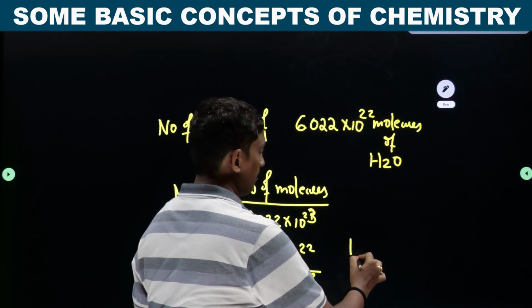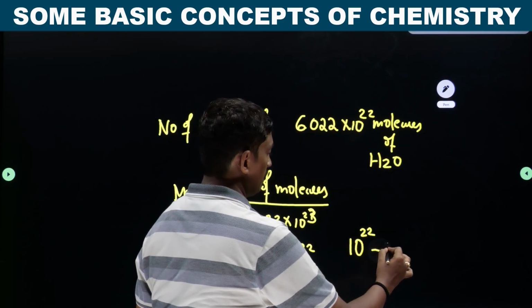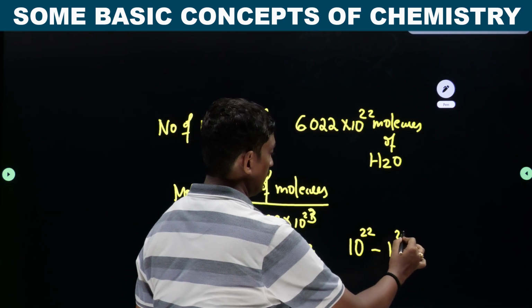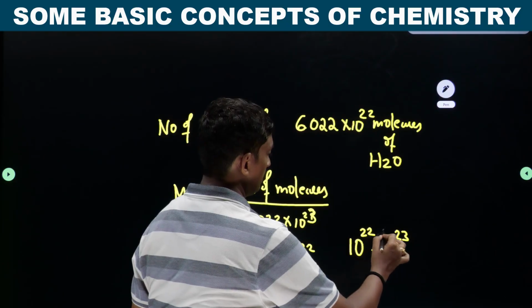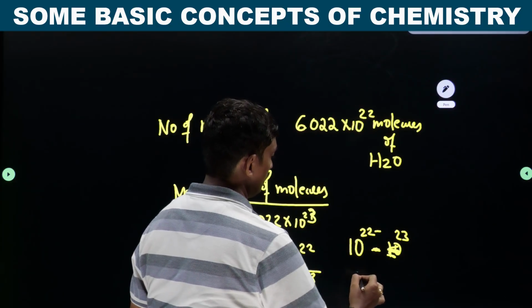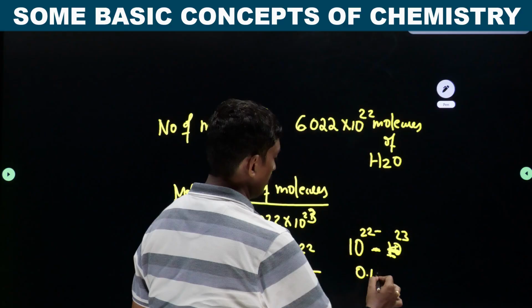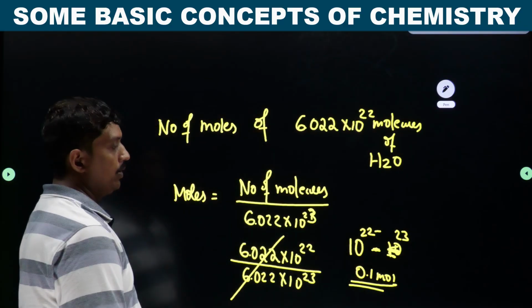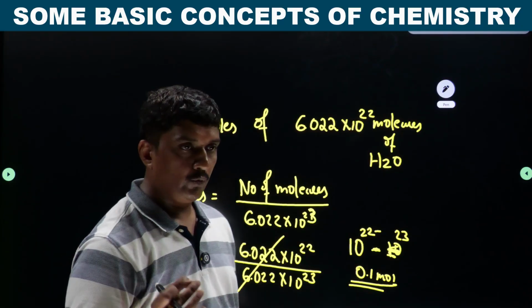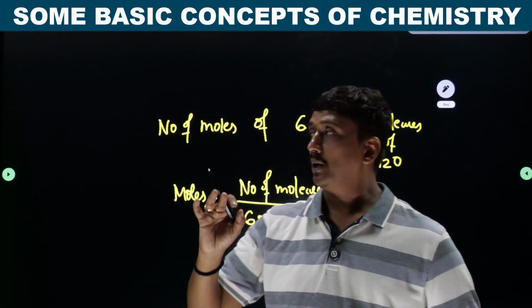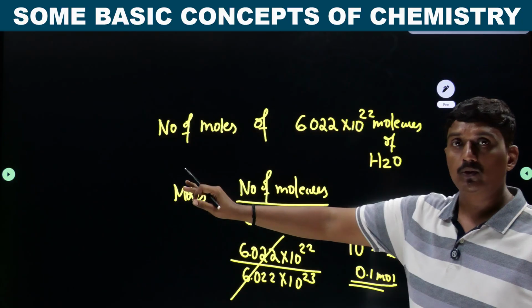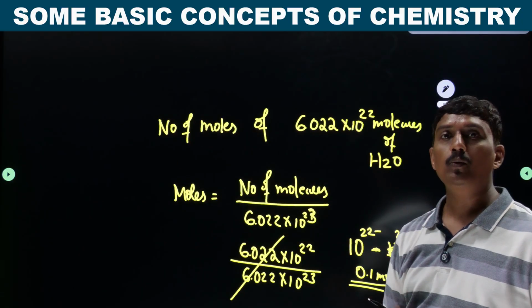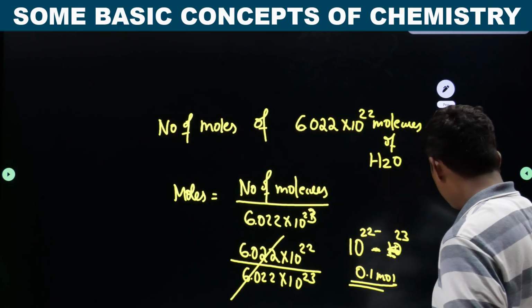So 10 to the power 22 minus 10 to the power 23, this is minus 1. So it is 0.1 mole. This is how we can convert number of molecules, number of atoms into moles.